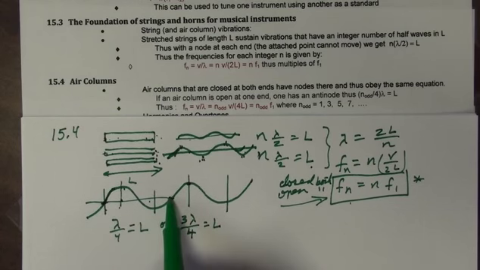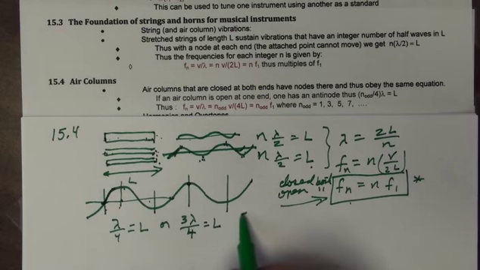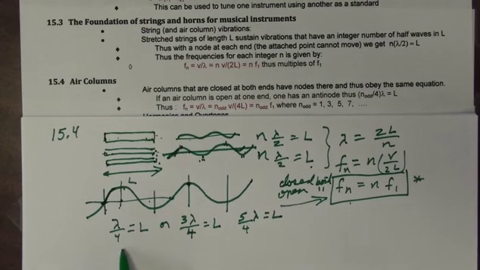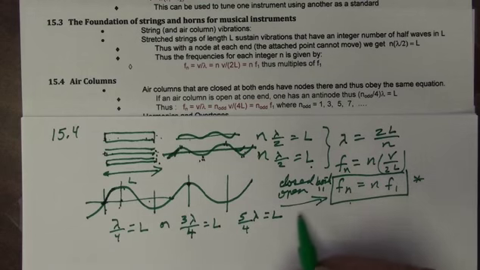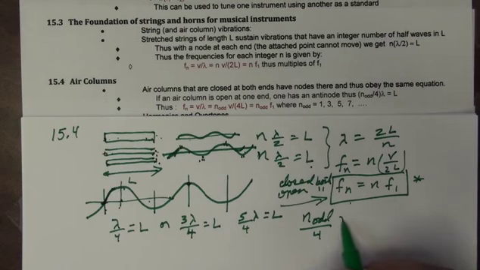This would be a whole wave plus another fourth, so that's 5/4. Now you begin to see the pattern. I can have an integer over 4 times the wavelength if that integer is odd. So for open at one end and closed at one end, like a Coke bottle that you blow across, I have an integer that's odd divided by 4 times the wavelength is equal to the length.